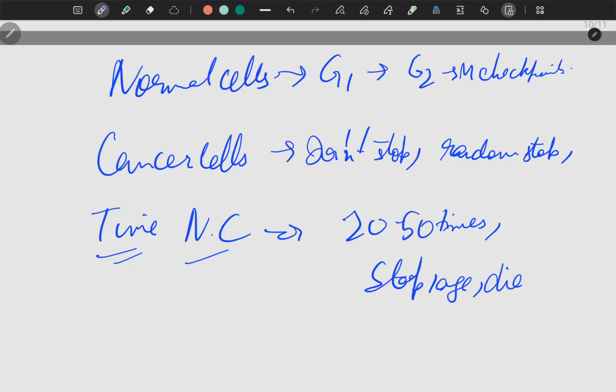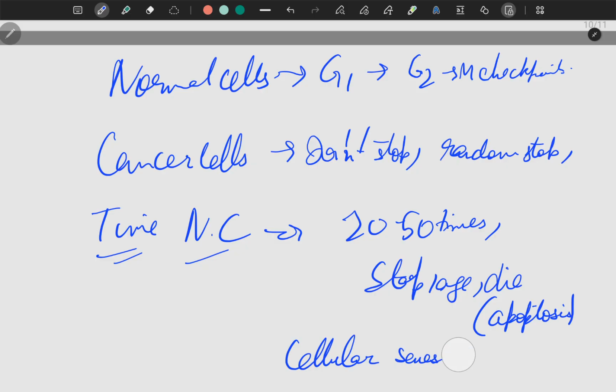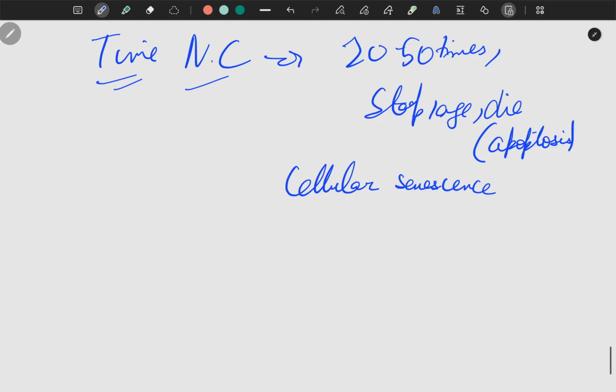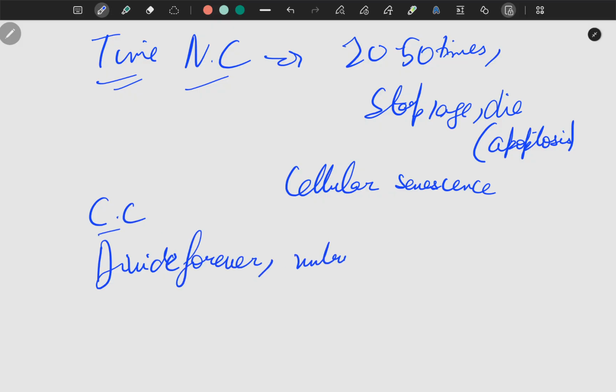This is apoptosis, which means self-destruction of the cells, or we can say cellular senescence. In the case of cancer cells, CC, they divide forever if nutrients are provided.